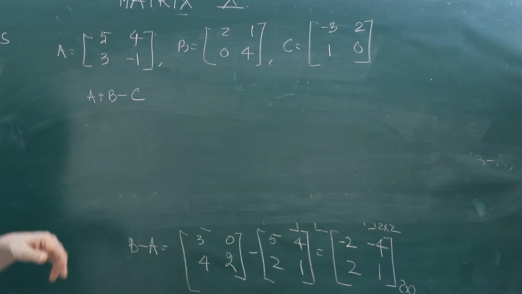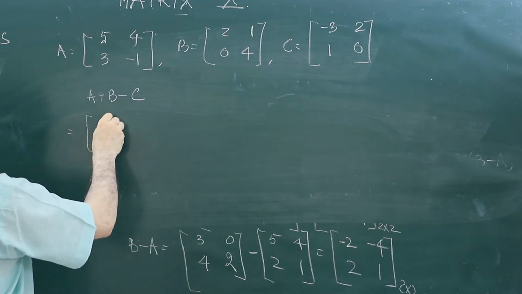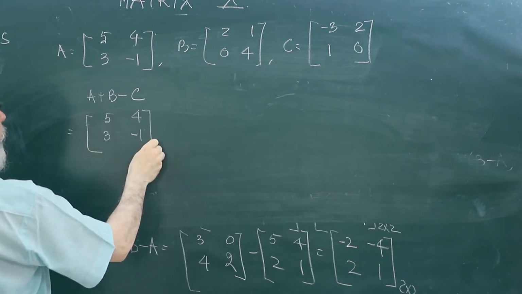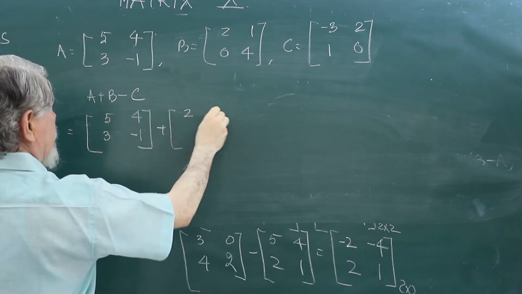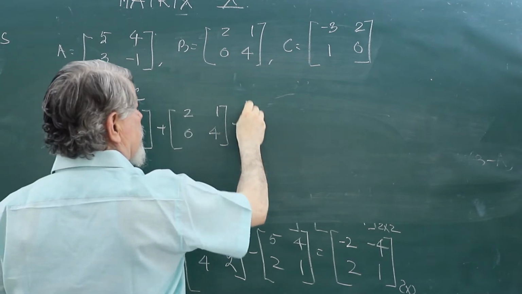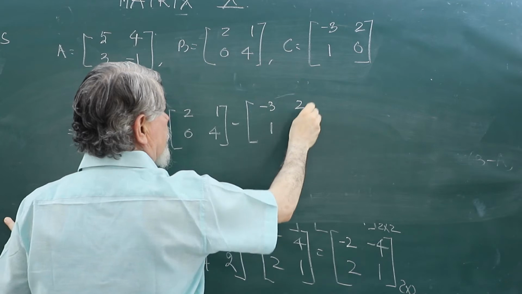So we will write like this. The matrix A is 5, 4, 3, minus 1, plus 2, 1, 0, 4, minus 3, 2, 1, 0.